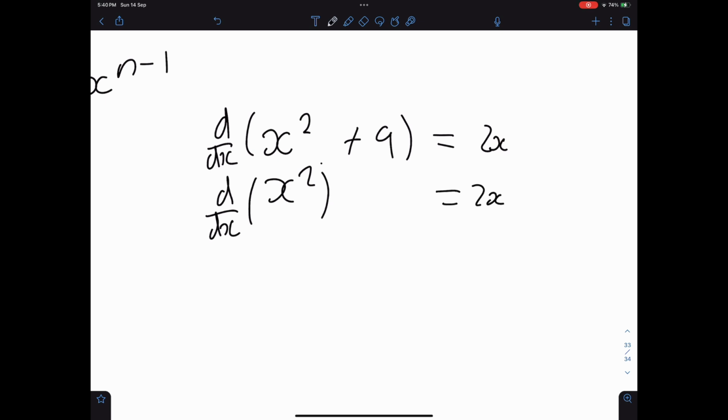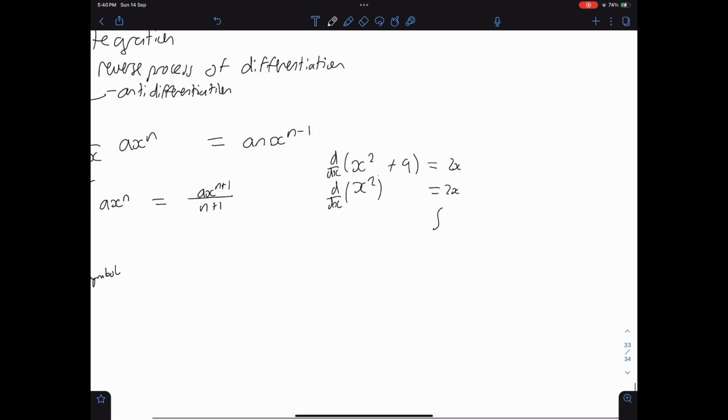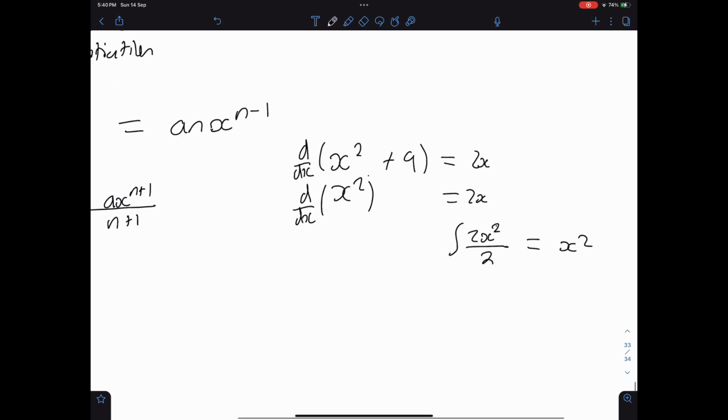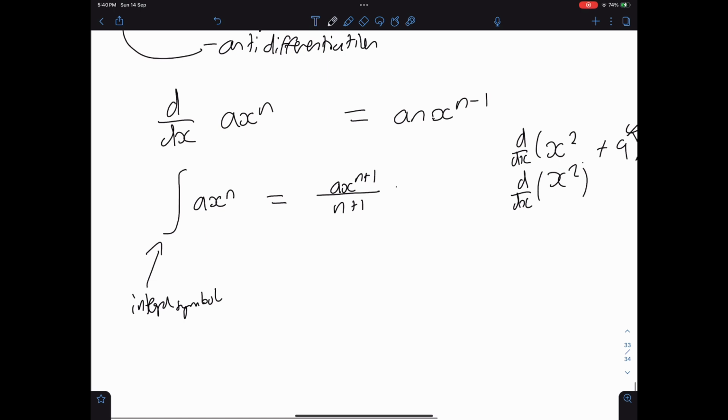So if we just integrated this, following our rule, we do 2x, and that becomes x squared over 2, we get x squared. Well, that doesn't give us x squared plus 9, does it? And that's why when we integrate something into an indefinite integral, we must always add a plus c to account for any constant that might have been differentiated to 0.